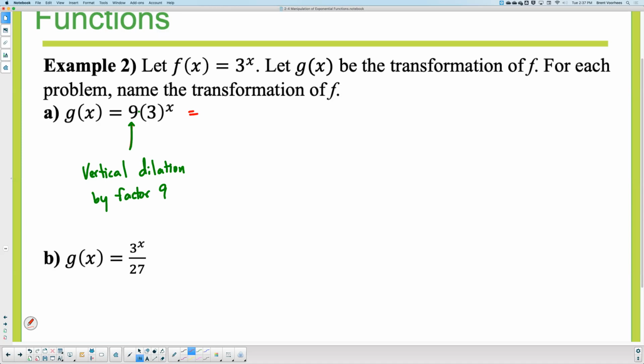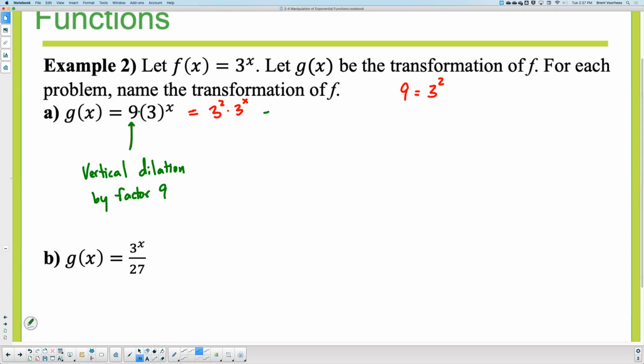9 is the same thing in terms of 3. 9 is equal to 3 squared. So I'm going to rewrite this as 3 squared times 3 to the power of x. Now, I didn't actually do any crazy math there. I just rewrote 9 as 3 squared. What property could we use if we have the same base multiplying? Product property.